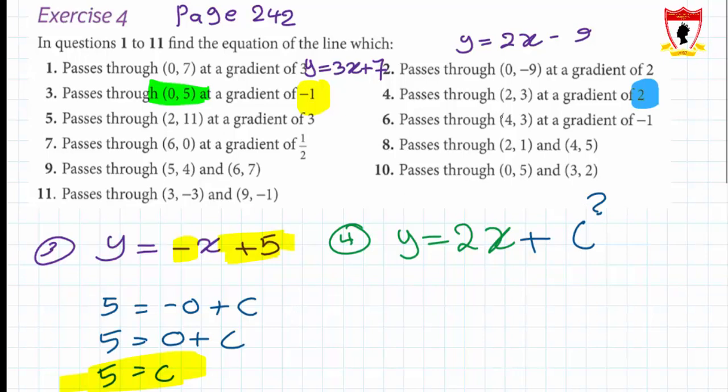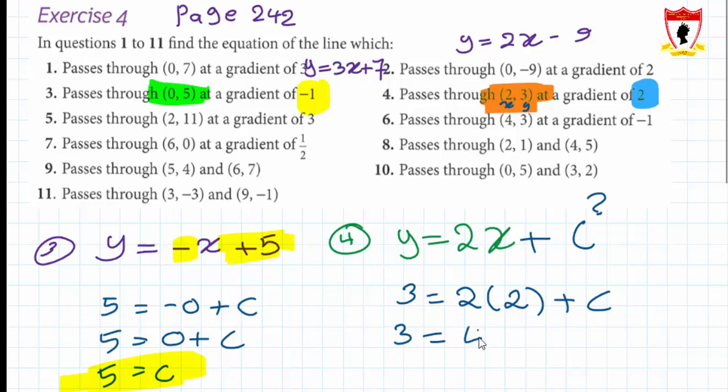To find the c, we use the given point, which is (2, 3). 2 is the first entry, so it's x. 3 is the second entry, it's y. Then 3 equals 2 times 2, the value of x in the point, plus c. 3 equals 4 plus c.